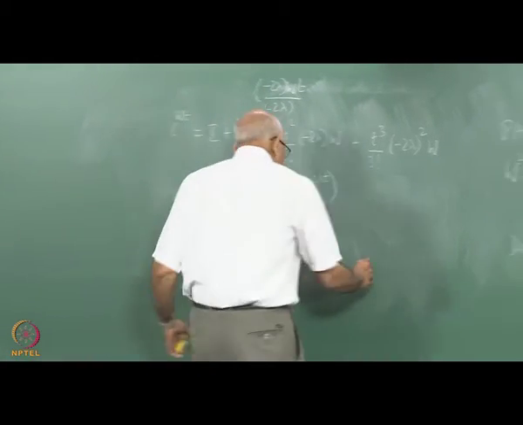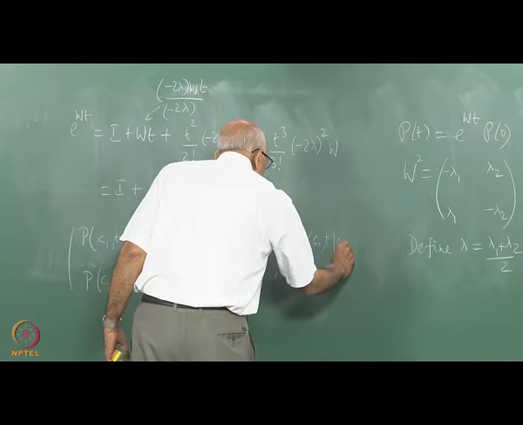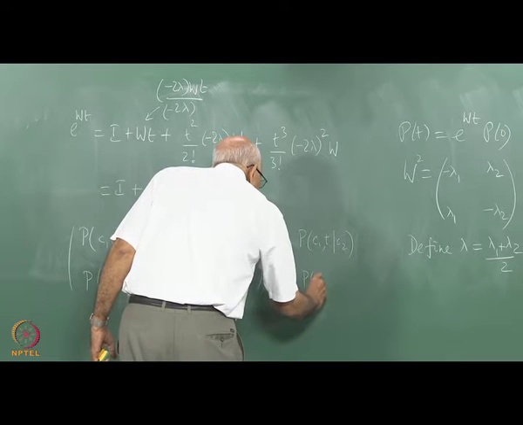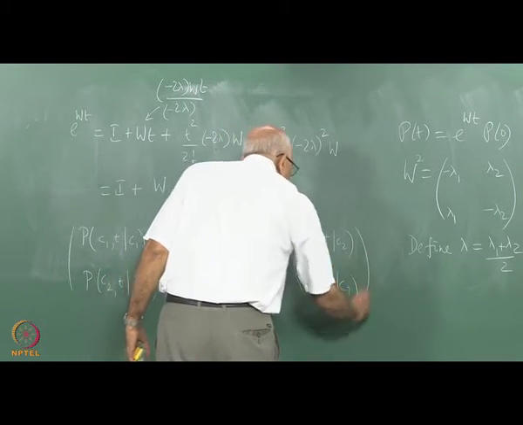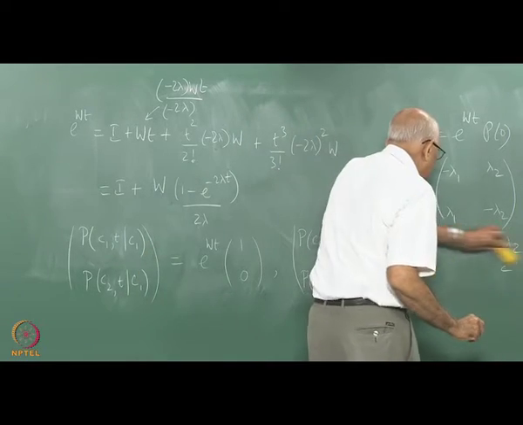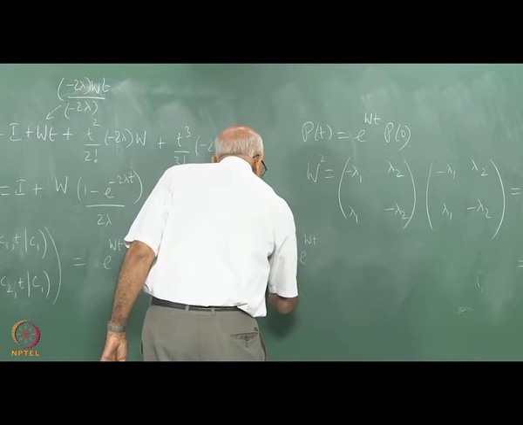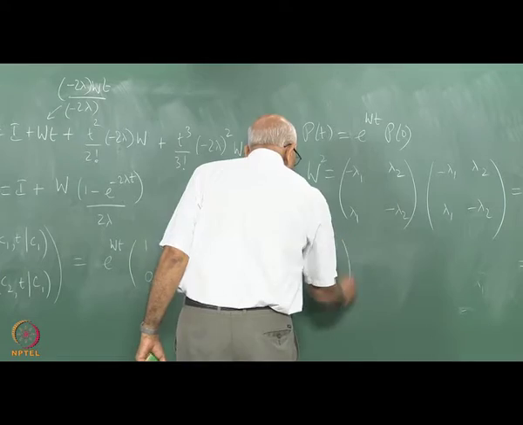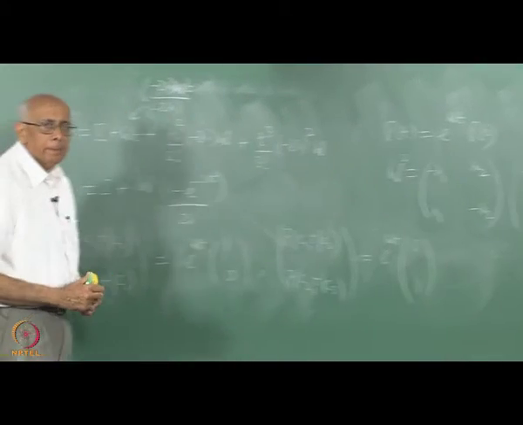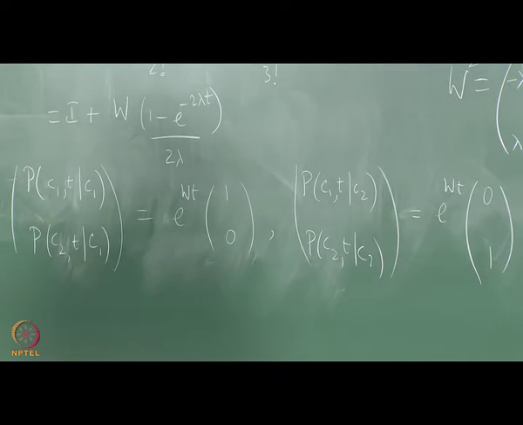And similarly, P of C1 T and P of C2 T given C2, this column matrix is equal to e to the wt acting on 0 1, and you can write the full matrix down.